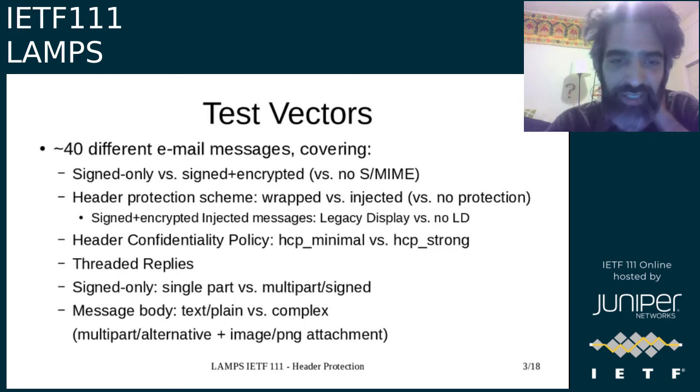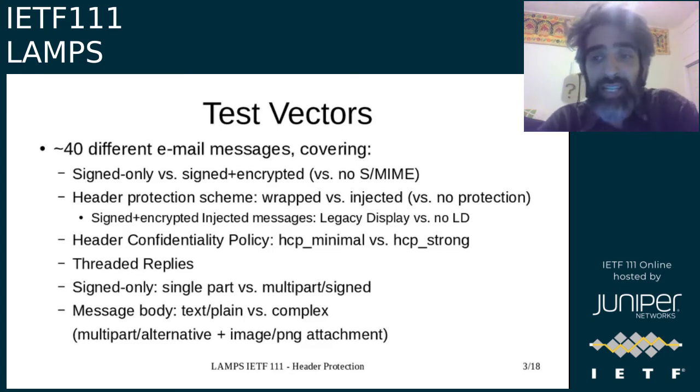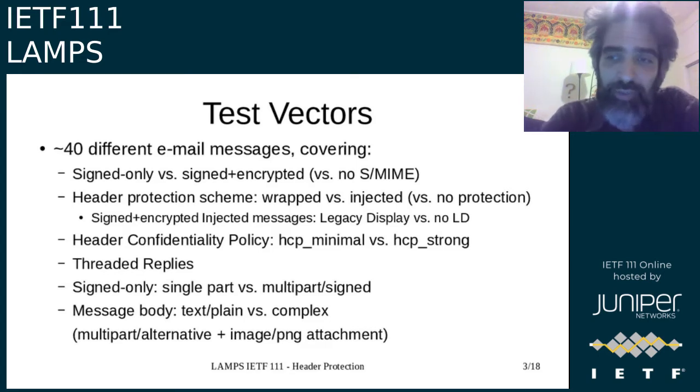For signed-only messages, there are two different kinds, because S/MIME has these different features where you use the signed data mechanism or you have multipart signed. And the message body itself, the cryptographic payload, could either be simple text plain or it could be more complex, like a multipart alternative text and an image attachment. So all of these features are covered in the 40 different email messages.